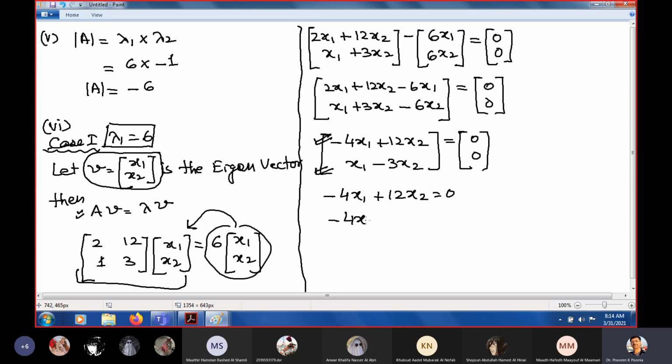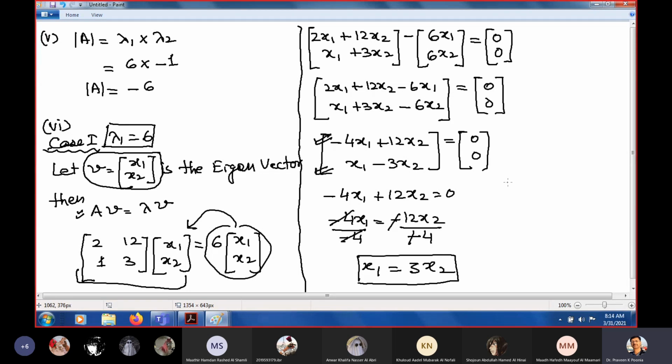So minus 4x1 is equal to minus 12x2. Divide by minus 4. Minus 4 cancelled. x1 equals, minus minus cancel, 12 divided by 4 is 3. So x1 is equal to 3x2.